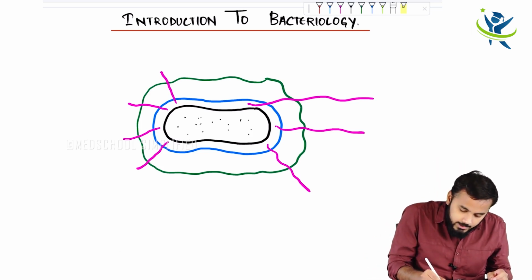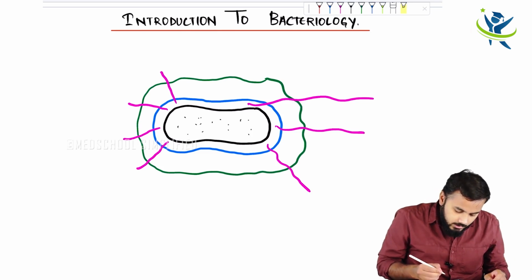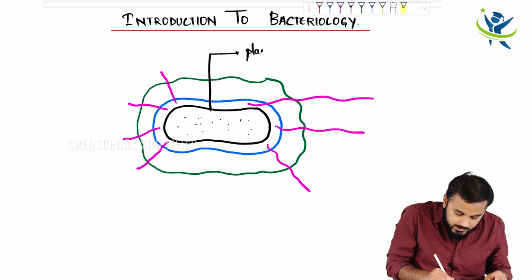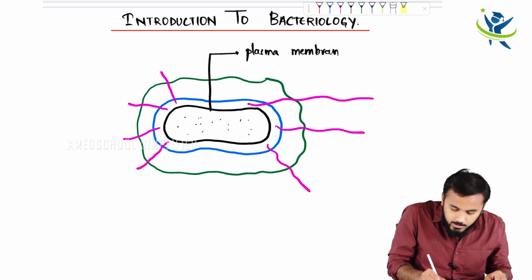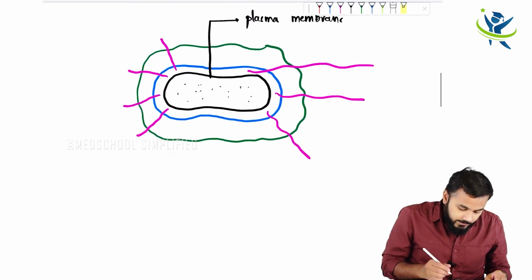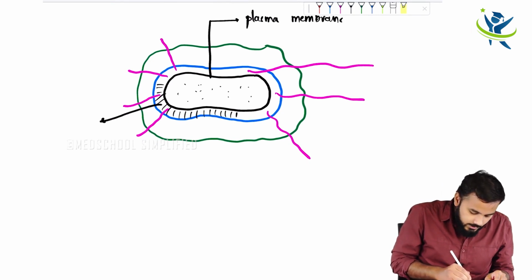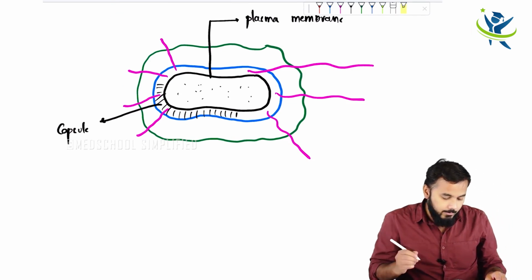So let me write down the things. This one over here is your plasma membrane, right? Next, this entire thing which I'm highlighting will be your capsule. I'll tell you what is the important thing about the capsule.